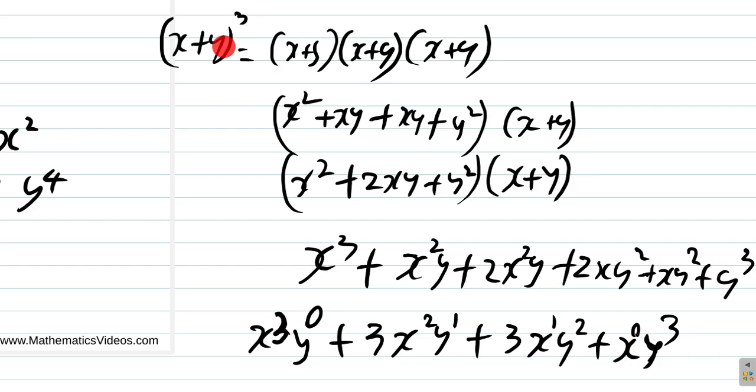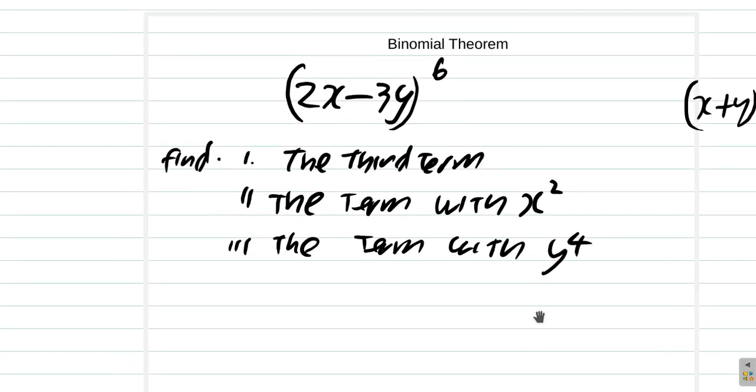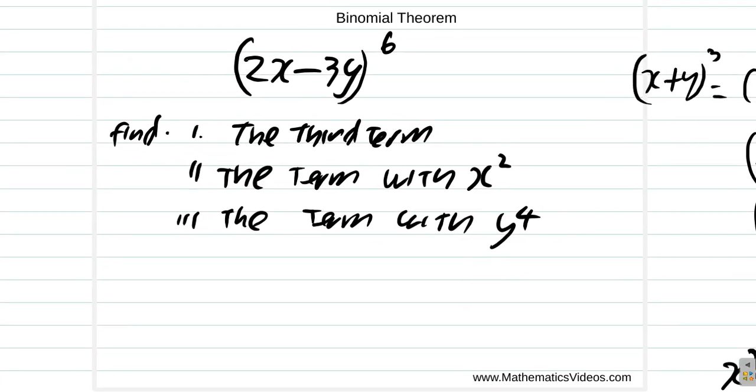Then the one on the right, which is the y, starts at 0 and goes up until it reaches this power, the maximum power. So it's 0, 1, 2, 3. All right. So that's what we have so far. We're going to look at the coefficients, the numbers that multiply the xy, later on. But for now, you're reminded that this is going to be the one on the left.